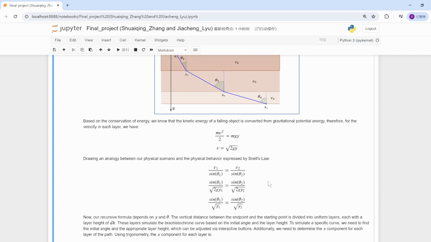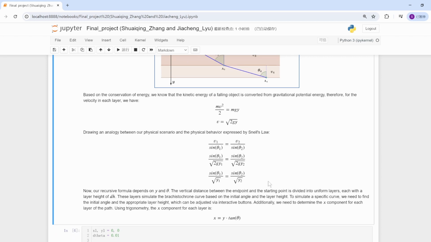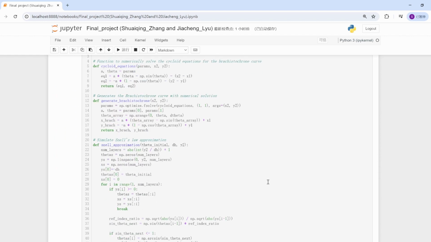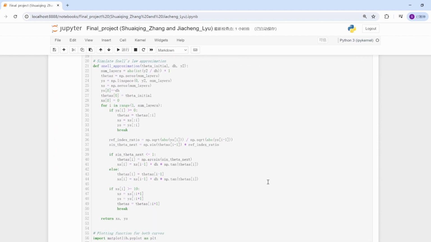For each layer of equal height, our code will display the numerically calculated cycloid and the Snell's law approximation cycloid on the graph.